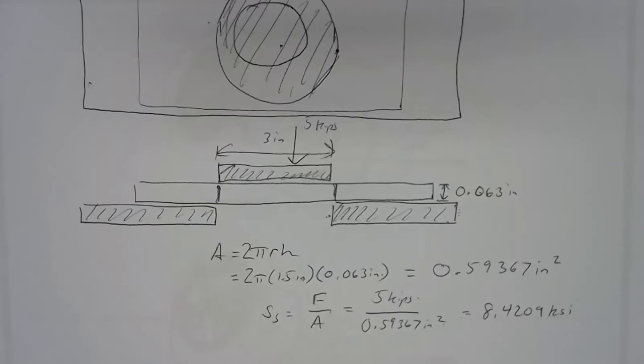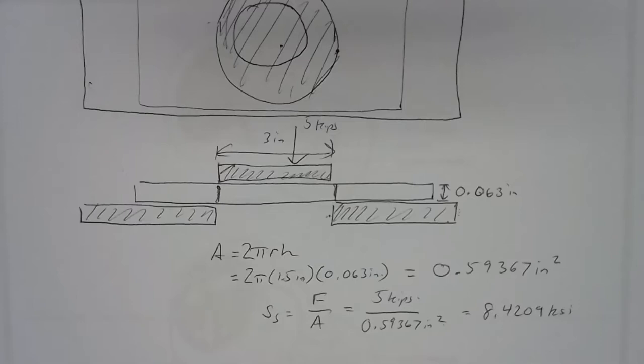So we can use this to tell us, well, will this break? And how can we change things to make it break? Well, we can push it harder. If the ultimate shear stress isn't until 10 KSI, maybe I need 6.4 or so, or 5.4 kips to do the job.